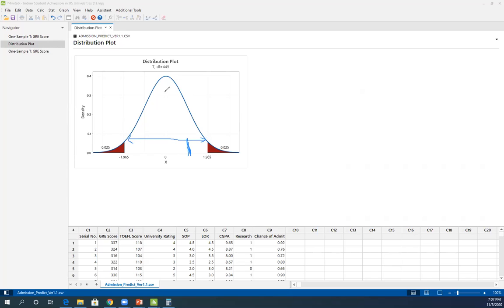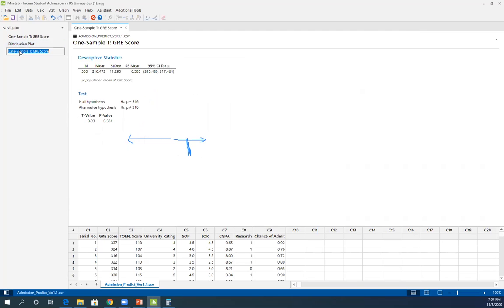So we are saying our null hypothesis is accepted. That means the true GRE mean of all the students will be, with 95% confidence, 316.